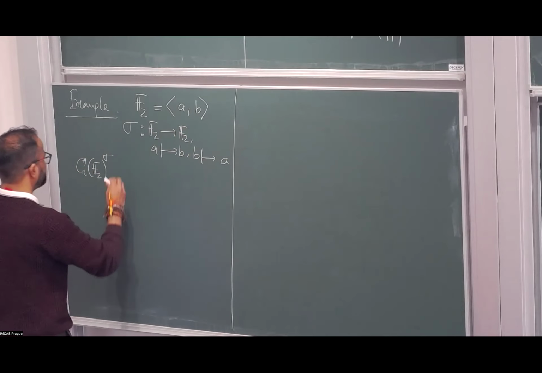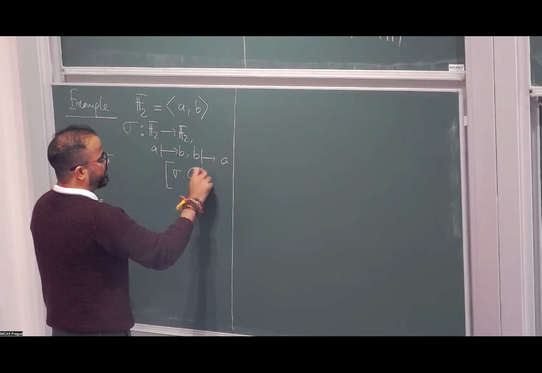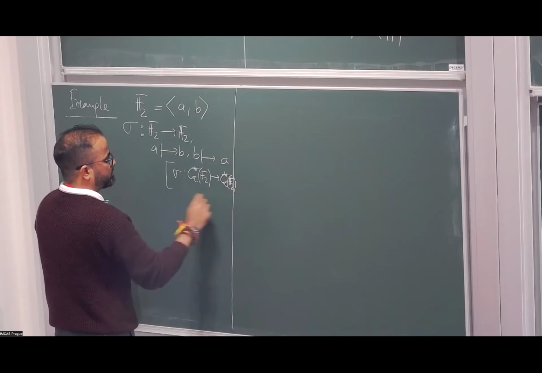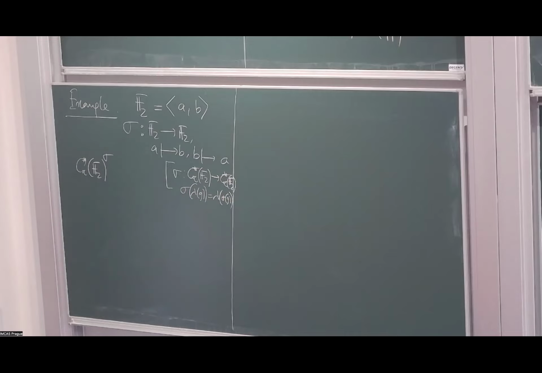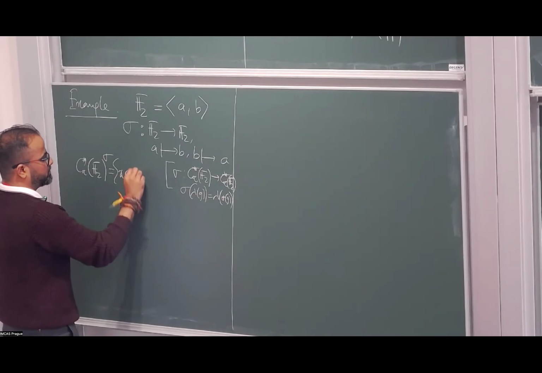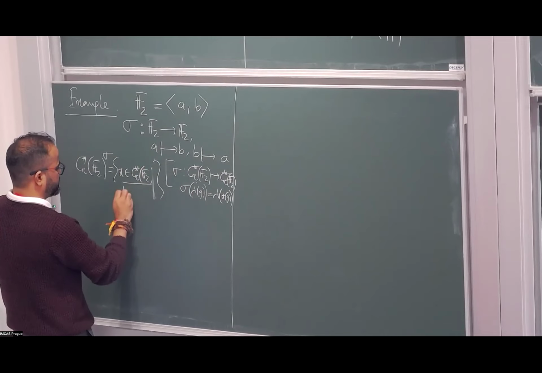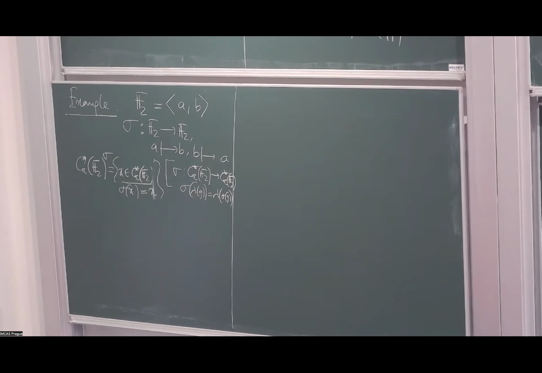So sigma automatically induces a map from here to here: sigma of lambda z is just lambda of sigma z. And then this algebra is all those elements which are fixed under sigma, the fixed points.